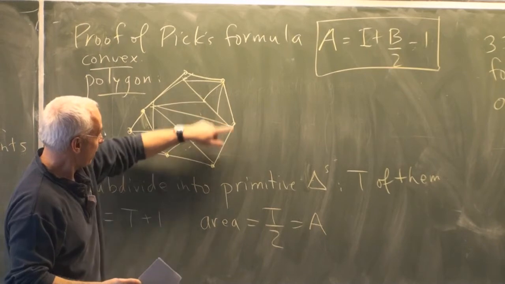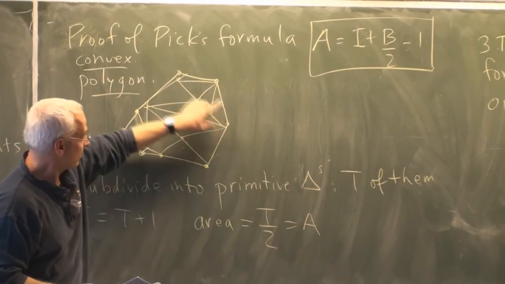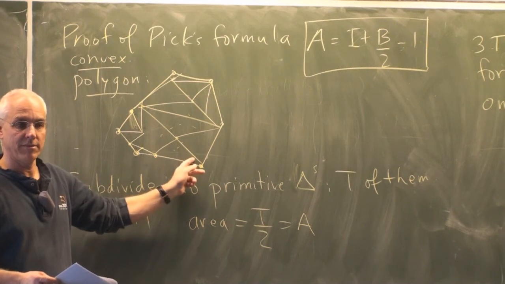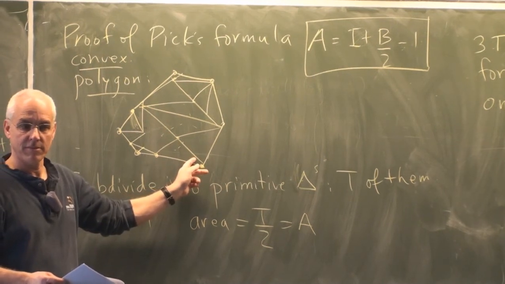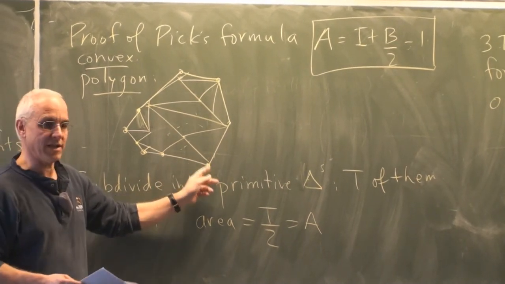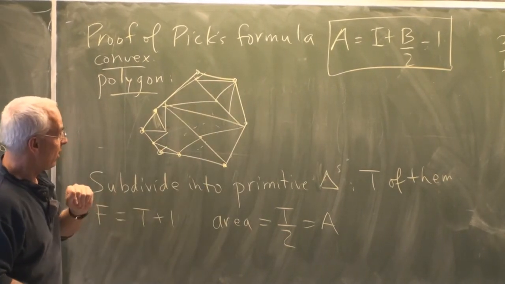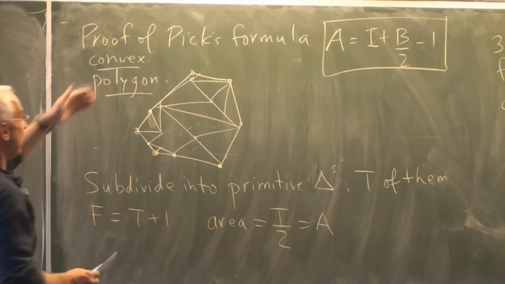The number of edges on the boundary is the same as the number of vertices on the boundary, because it alternates vertex, edge, vertex, edge. And so that's what we are calling B in our formula.